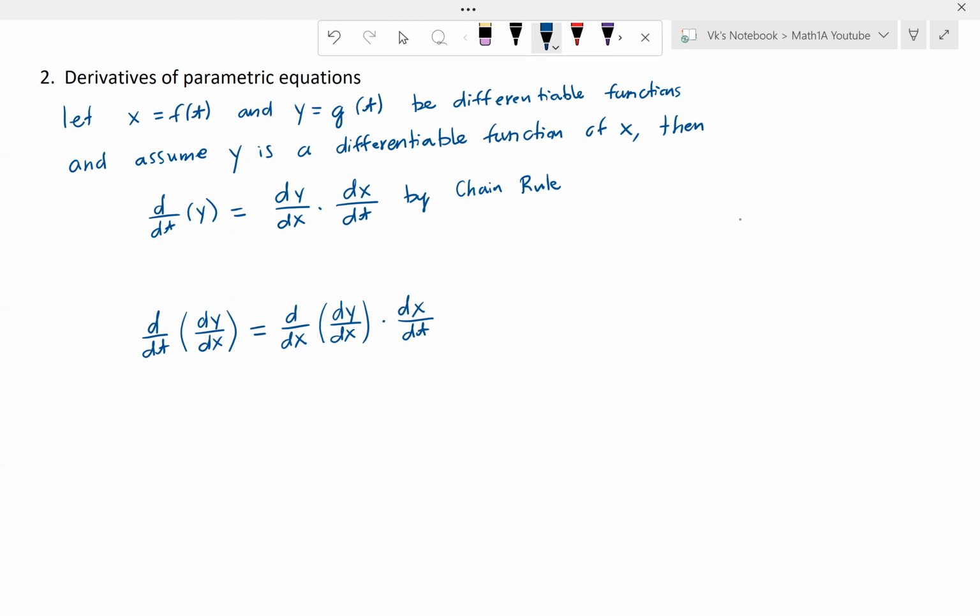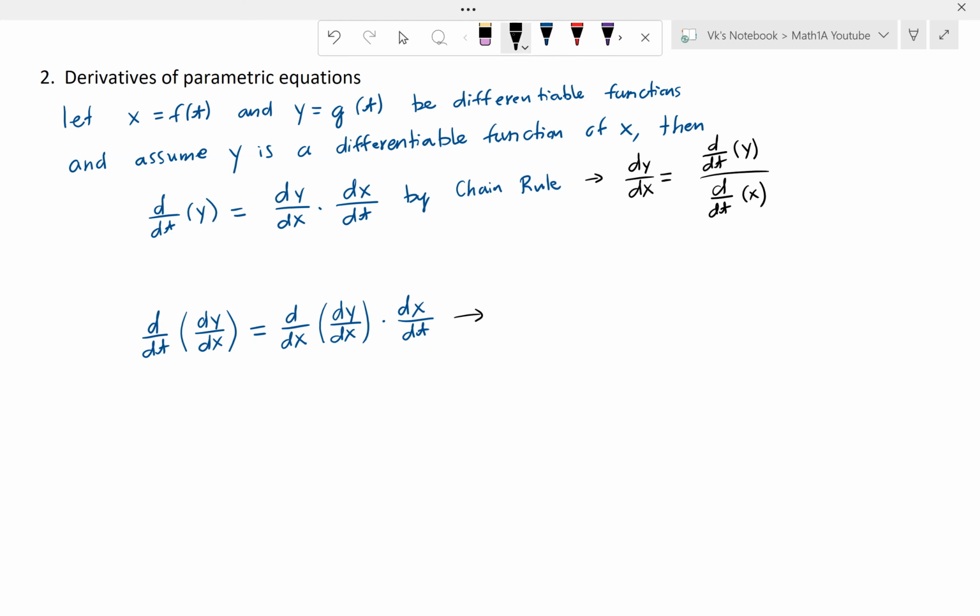From here, we see that dy over dx is d over dt of y divided by d over dt of x.